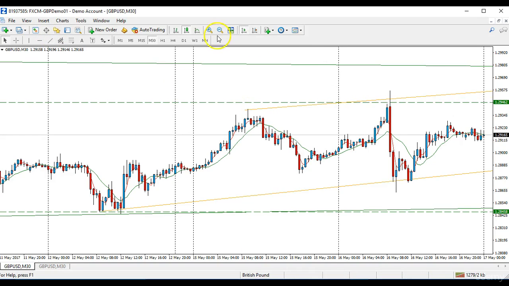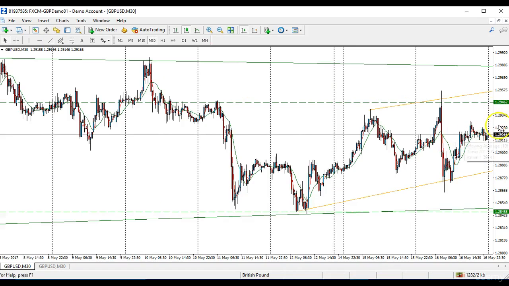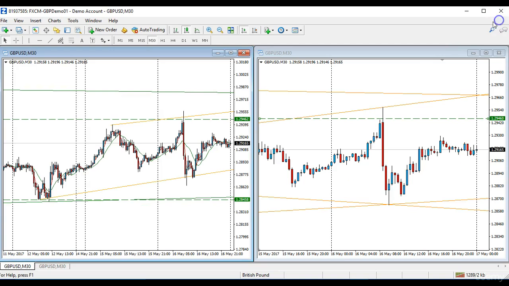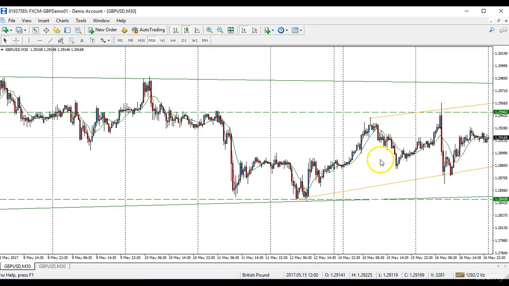So I can now see this 30-minute pattern in the context of the daily pattern and the daily support and resistance, and that gives me more information to know where the energy of the market is likely to be.